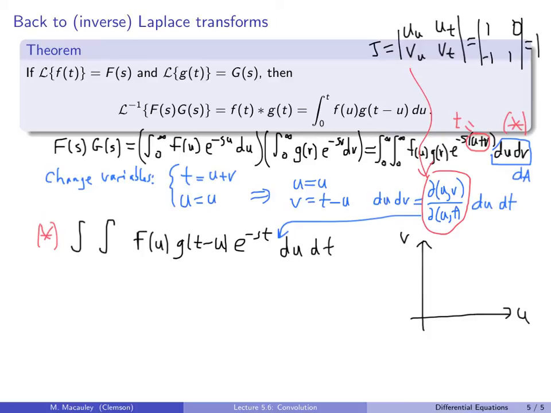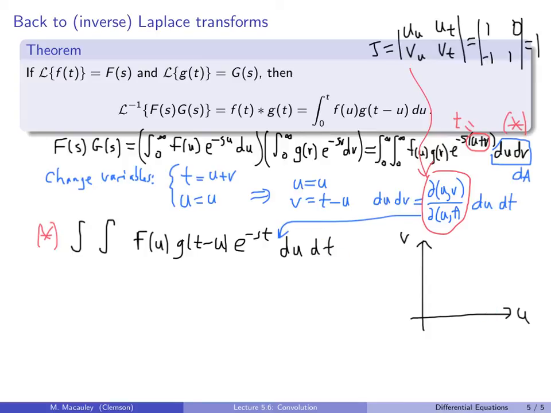Normally we integrate with respect to u, and with respect to v. Integrating with respect to u means we hold v constant, so we are integrating along these lines. But now we're going to integrate with respect to u, so we're going to vary u, and we're going to hold t constant.